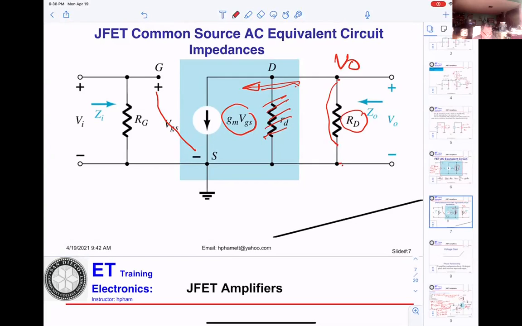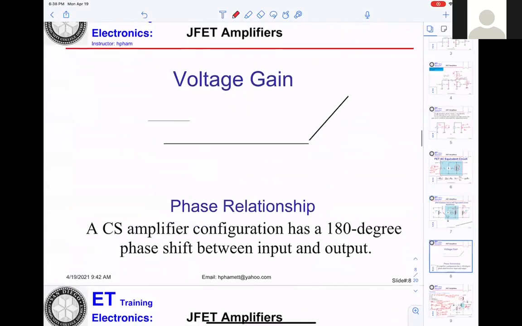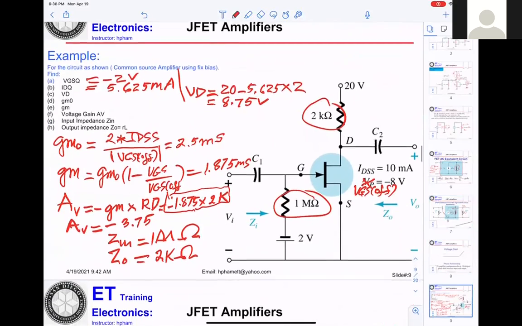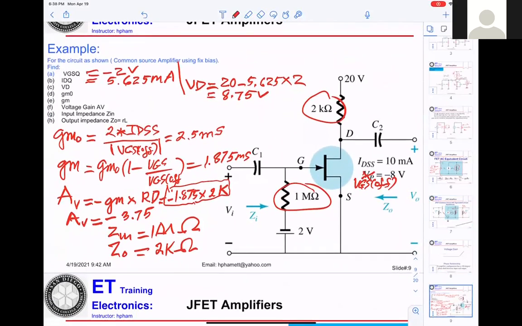Sometimes I memorize what I already know, but now I forget it. If I understand well, GM is in Siemens, so the unit is conductance, right? It's talking about one property of the component itself, how easily current flows through it. GM is actually a transfer function.